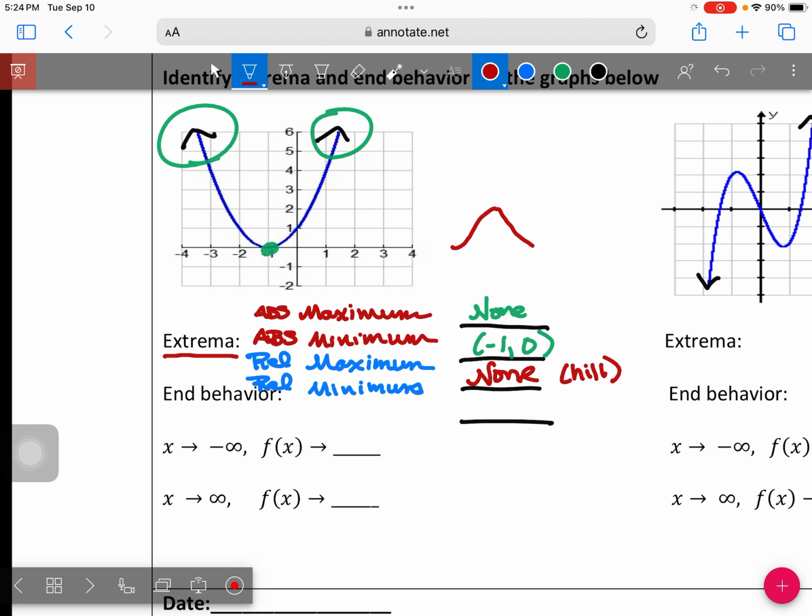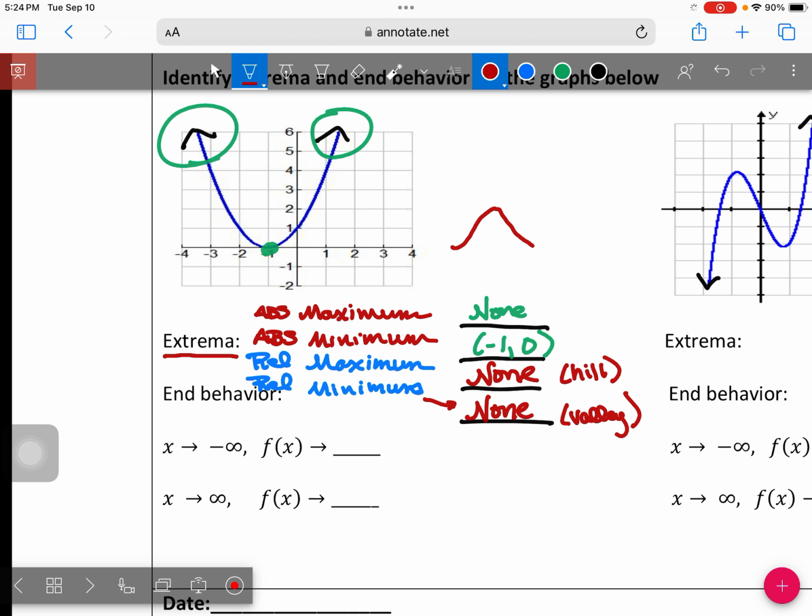For a relative minimum, that would be what looks like a valley. There kind of is a valley, but we've already named that as our absolute minimum. So there are no other valleys, so that's going to be another none. The only thing we have here is an absolute minimum.